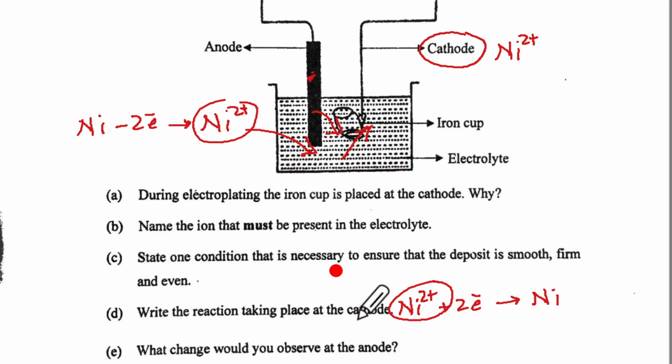So the observation will be anode mass decreases. Why would it decrease? Because nickel atoms from here are becoming ions and going in the solution. So the nickel atoms here will become less, so this will be decreasing in mass.